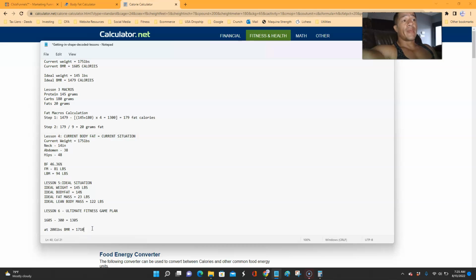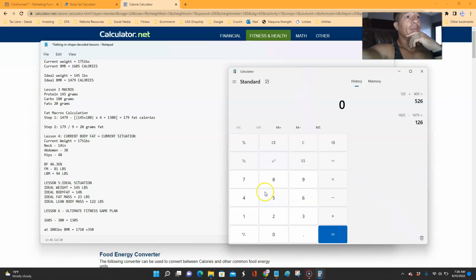If I add, let's say, from exercise they burn 350 calories, that's 2060, if I'm not mistaken. So 1710 plus 350 is 2060. And then let's say we subtract 500 calories, because that's the deficit that we want on average. We want to be anywhere from 300 to 800. You can go up to 800. That is aggressive.